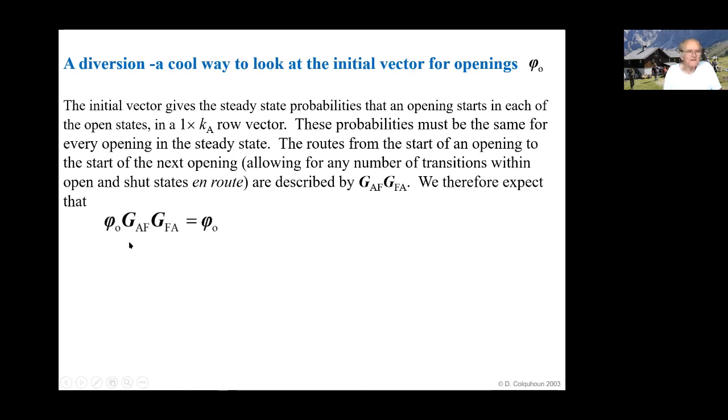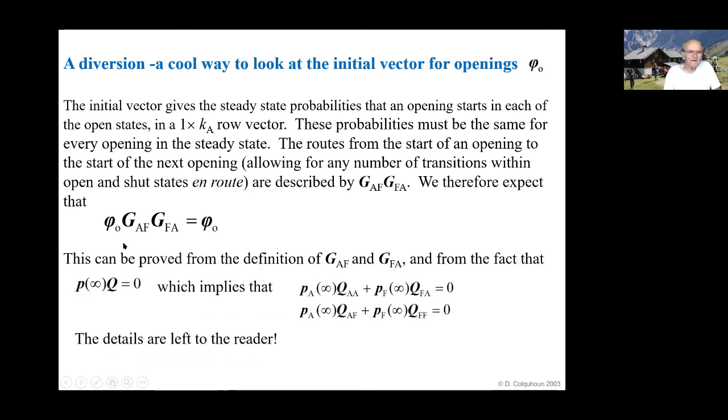And that means that the equilibrium vector at the end of one opening must equal the equilibrium vector at the beginning of the next opening. We can prove that from these relationships, from the fact that at equilibrium, P infinity Q equals naught. And that implies these relations. You can work it out for yourself, I hope.